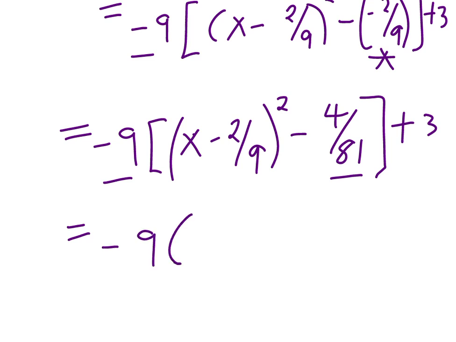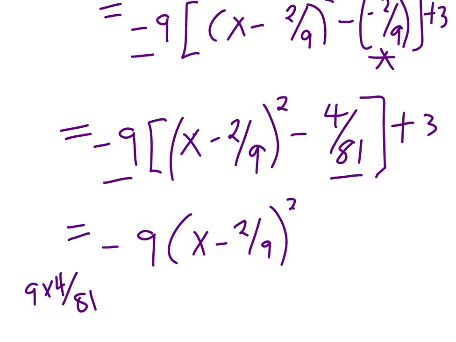negative 9 into bracket x minus 2 over 9 squared. So that is, let me do it on the side, we have 9 times 4 over 81. So you can cancel, that is 9 times, we get 4 over 9.